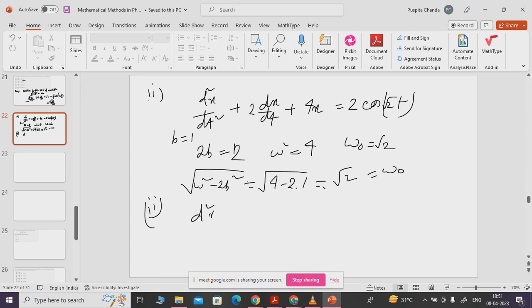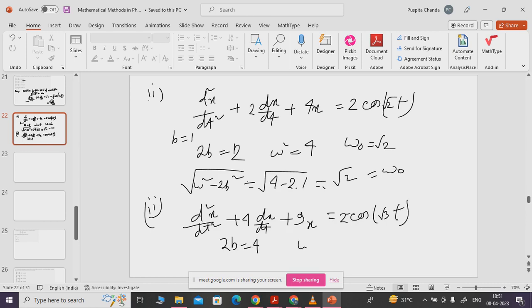So A is true. For the next equation, it is d2x/dt2 plus 4 dx/dt plus 9x is equal to 2 cos root 3t. Here 2b is equal to 4, omega square is equal to 9, so b is equal to 2 and omega naught is root 3.